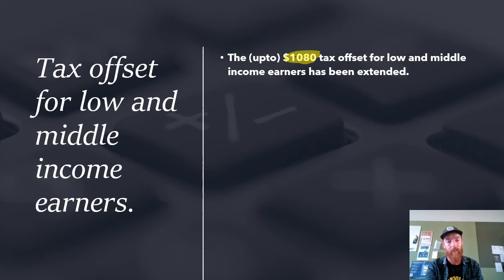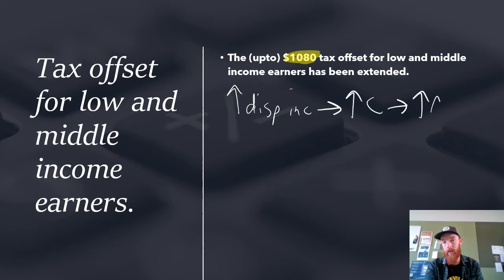The whole purpose of this is that they're aiming to increase the disposable income of households when they do their tax return. So when you do your tax return, you'll get that $1,080 extra back, which will hopefully then increase consumption spending, which will then increase aggregate demand.